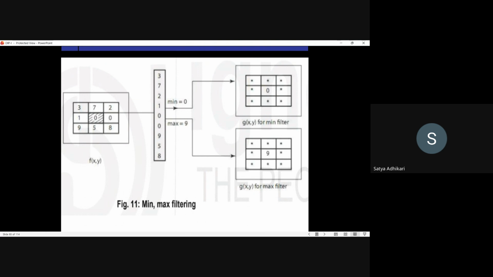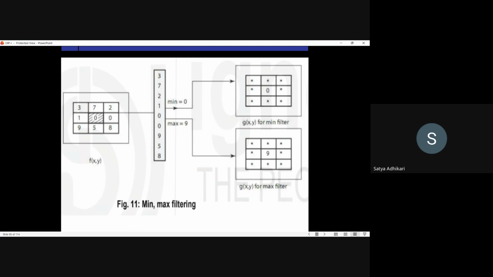But here we take the minimum value of this 3 cross 3 mask, and 0 is the minimum. So 0 is replaced by itself in the min filter. If the hotspot is on 3, then 3 is replaced by 0. As the hotspot value is 0 and the minimum value is 0, there will be no change. That is, the black dot remains, because the minimum function does not remove the black dot.